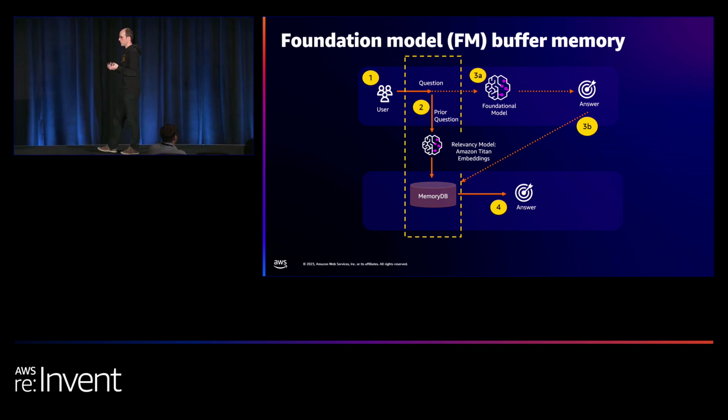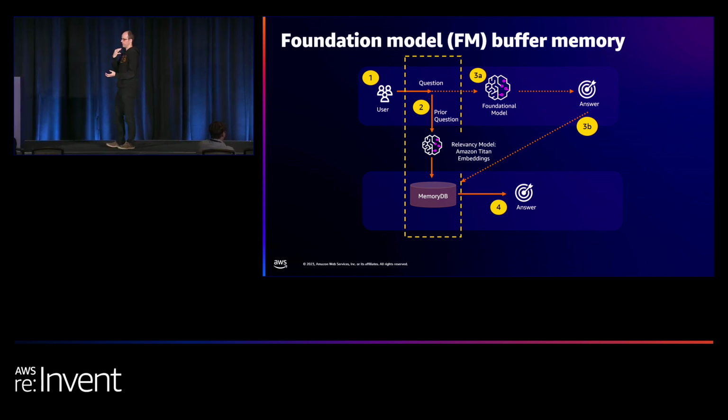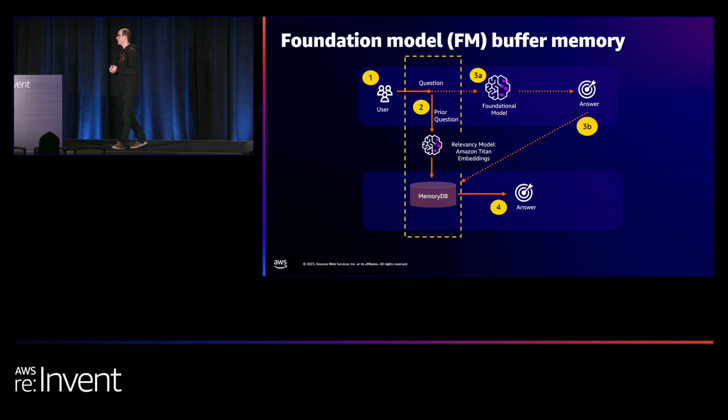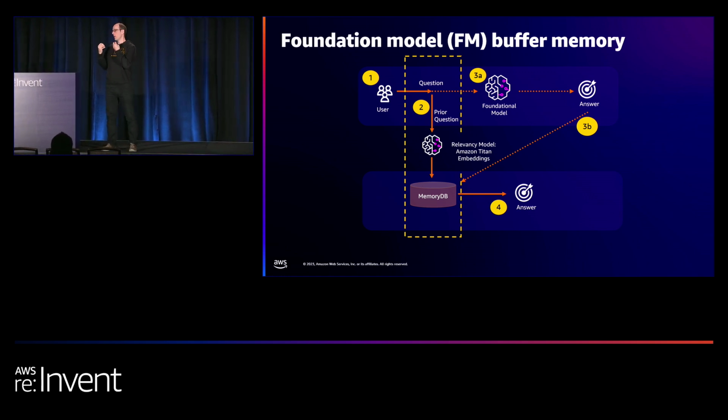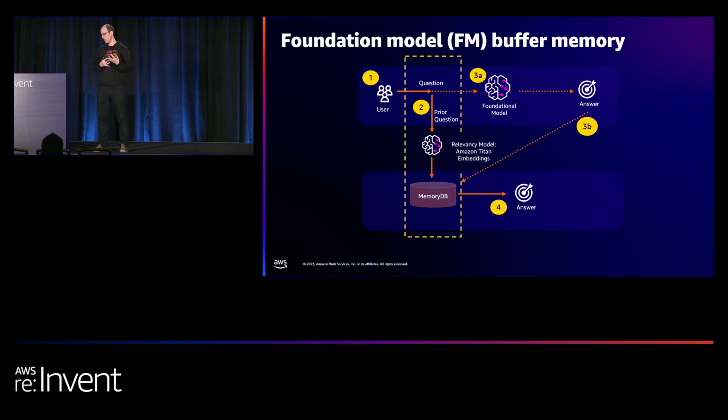In order to achieve context and have a natural conversation with a chatbot, you need to store the answers to those questions as vectors in a vector database. Then, as you provide additional questions, you can provide the additional context from the previous questions and answers so that you can have a more natural conversation with your foundational model.